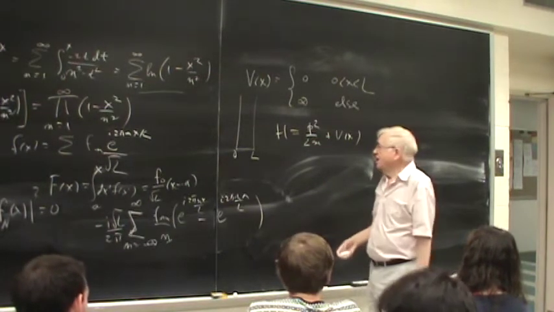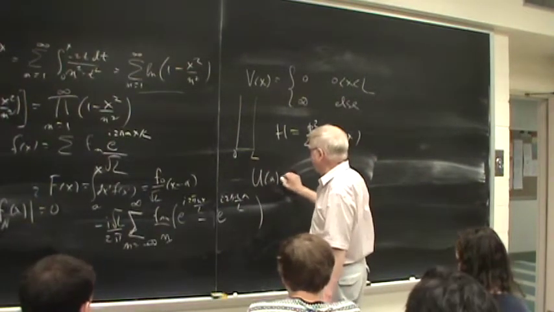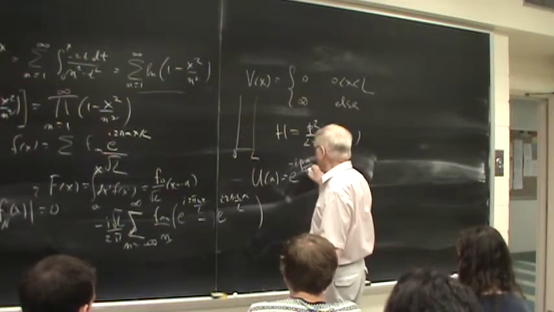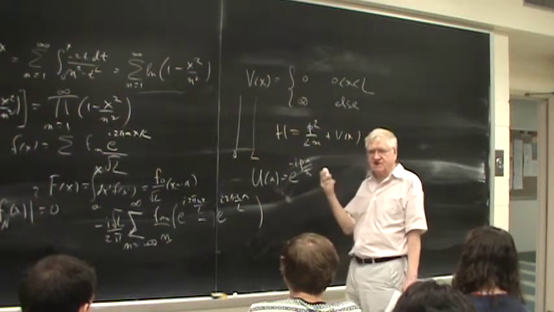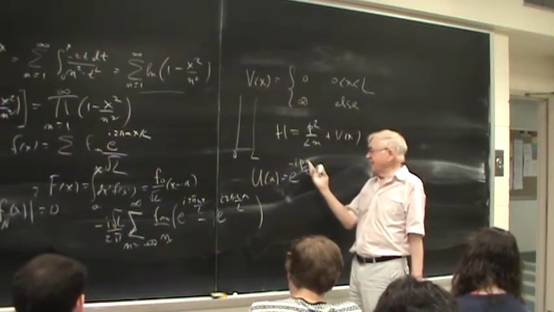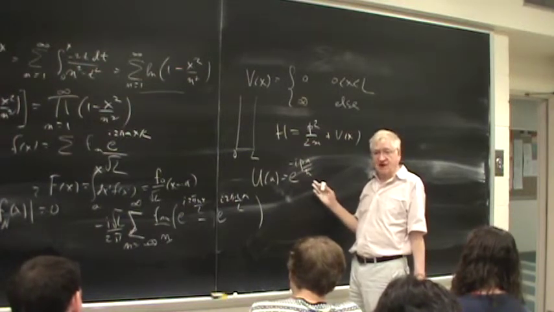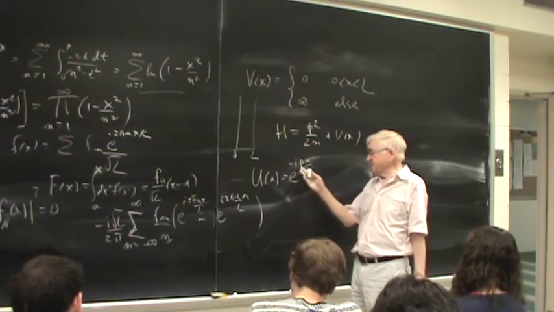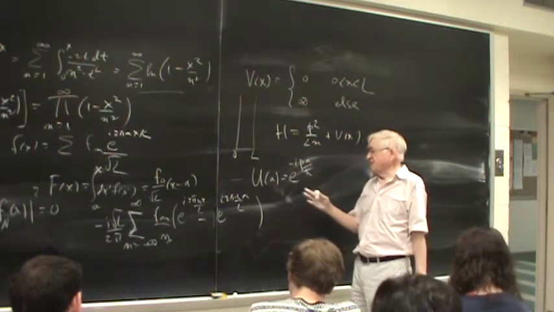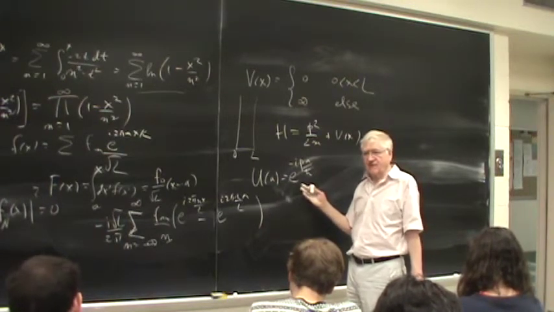In fact, the translation operator U of a is just e to the minus i p a over h bar. H bar is a small constant that sets the scale for when quantum mechanics matters. a is some distance, p is the momentum operator. This is a unitary operator because it's an imaginary exponential of a Hermitian operator. This implements translations in space.